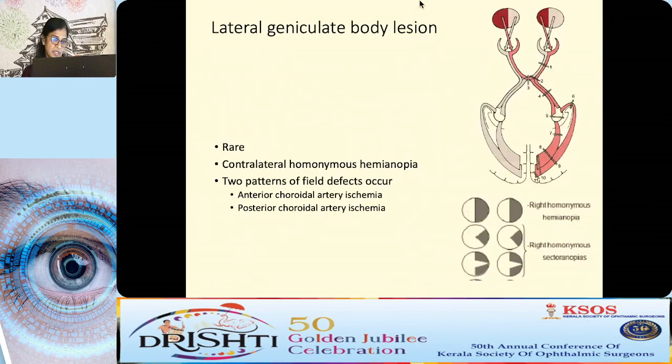In the lateral geniculate body, you can get contralateral homonymous hemianopia, and if there is small ischemia of either the anterior or posterior choroidal artery, we can get sector anopia like this. But these types of field defects are very rare.